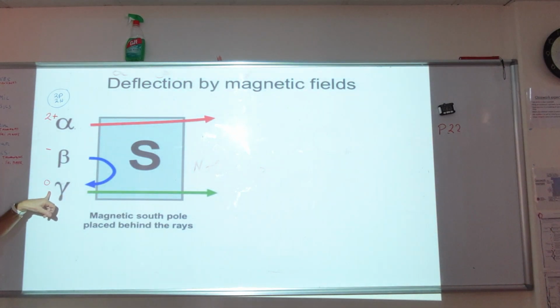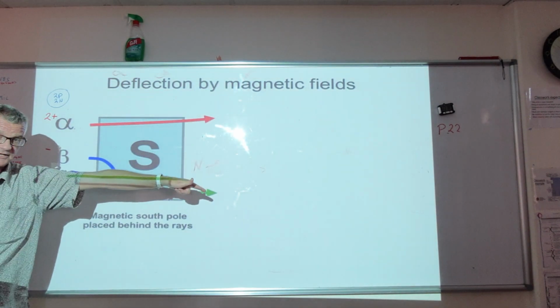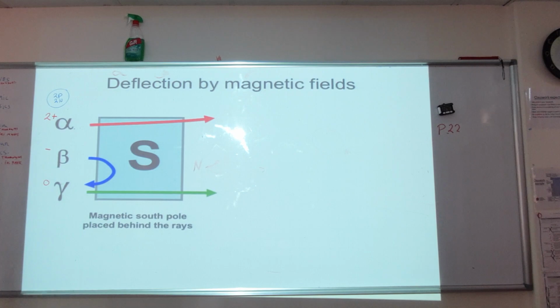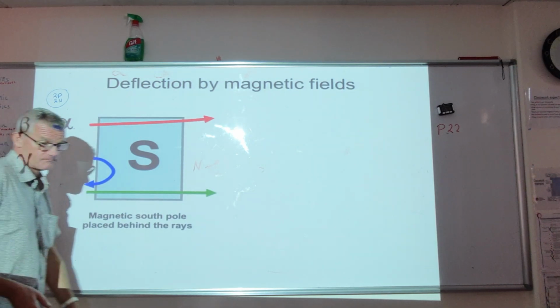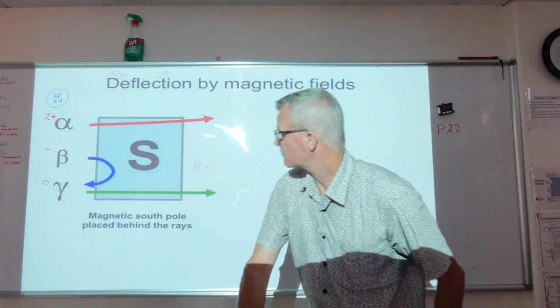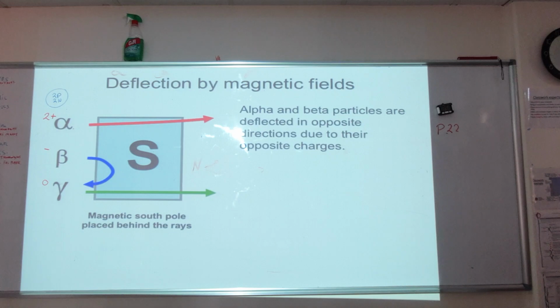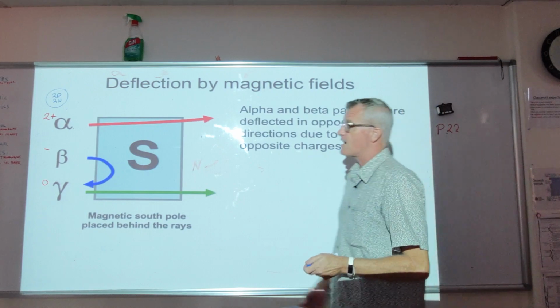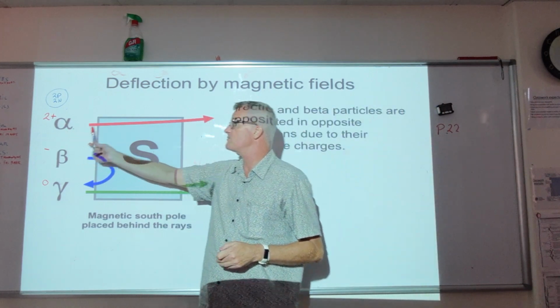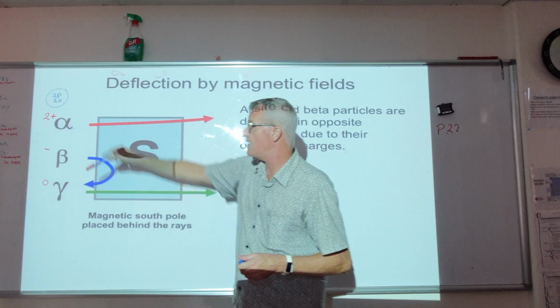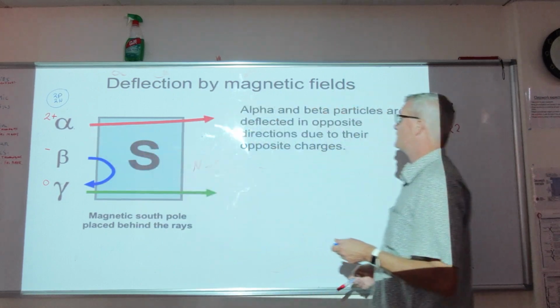Gamma, no charge, goes straight through, not deflected by a magnetic field. Okay? So, alpha and beta particles are deflected, remember, because they have different charge. Alpha is positive, so in the field it goes up, beta goes down.